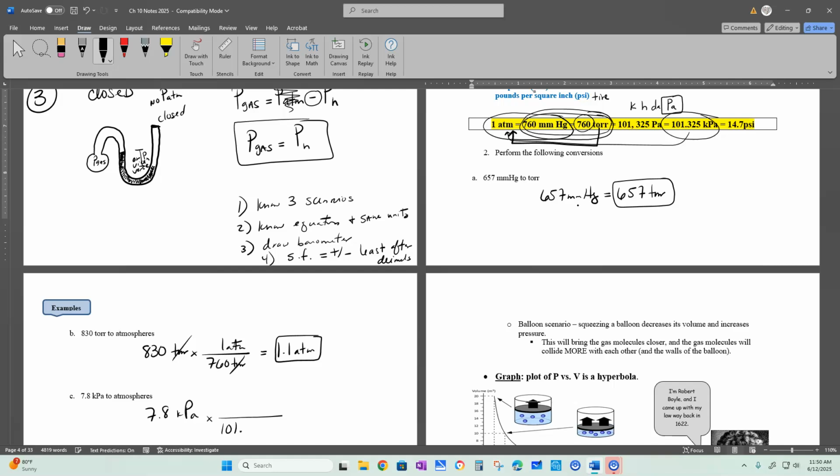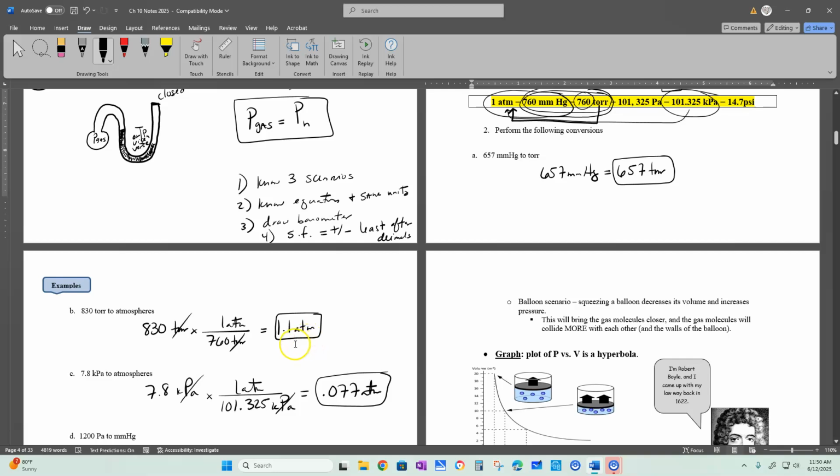So 101.325, little k, big PA, and then 1 ATM. Okay? I'm going to use my 2 sig figs. So when I divide 7.8 by 101, I'm going to get 0.077 ATM.